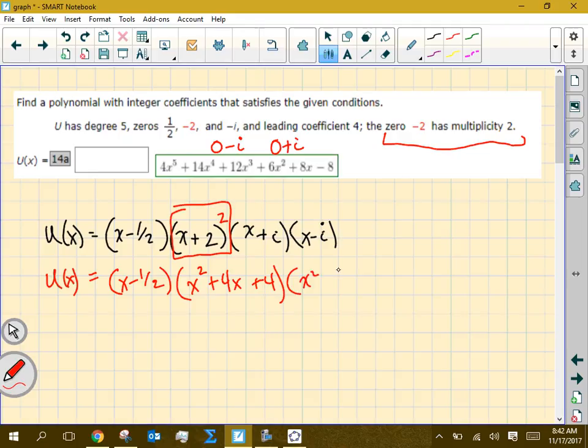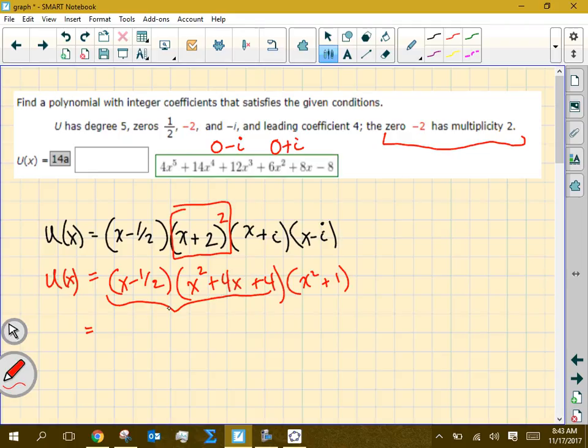Well, minus i squared becomes plus 1. Going from there, I don't know which ones are going to be easier to multiply together. I'm just going to multiply those two together. I see that negative 1/2, and then I see a bunch of even numbers over here, so that multiplication would probably be pretty simple.